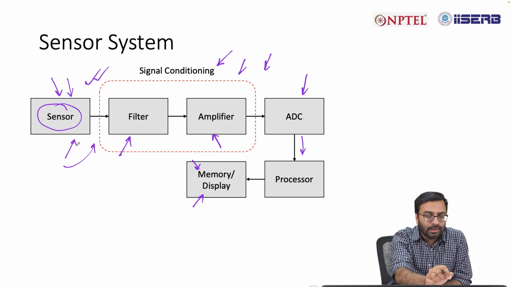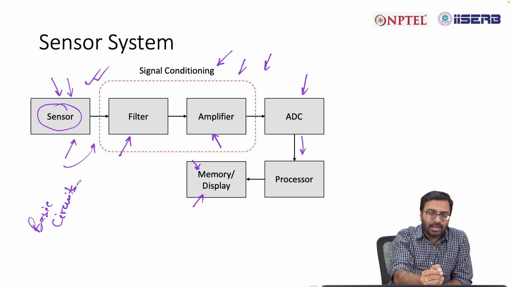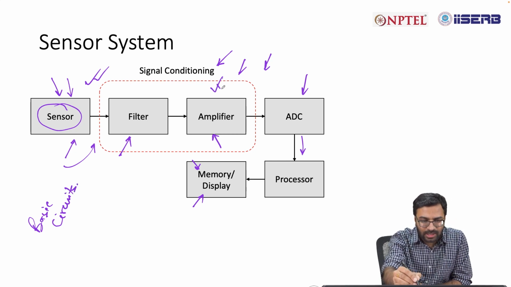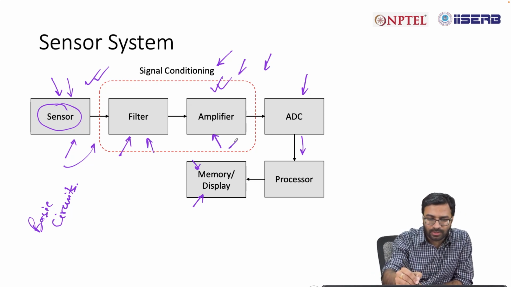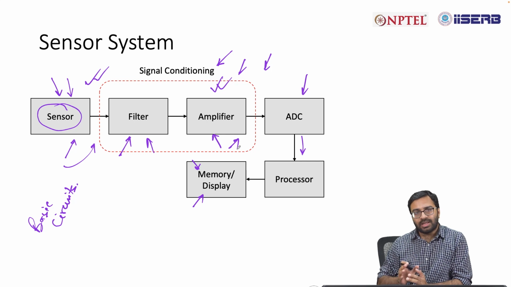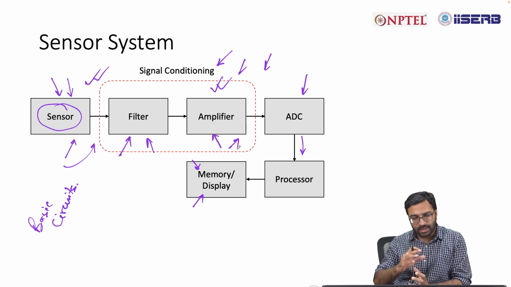Just to make it clear, we will first talk about some basic circuits, and then we will mainly focus on signal conditioning circuits, filters and amplifiers, because signal conditioning is the first step towards a device fabrication or towards an entire system fabrication.